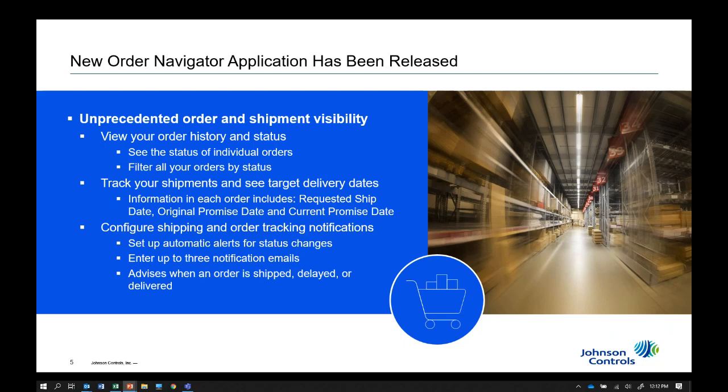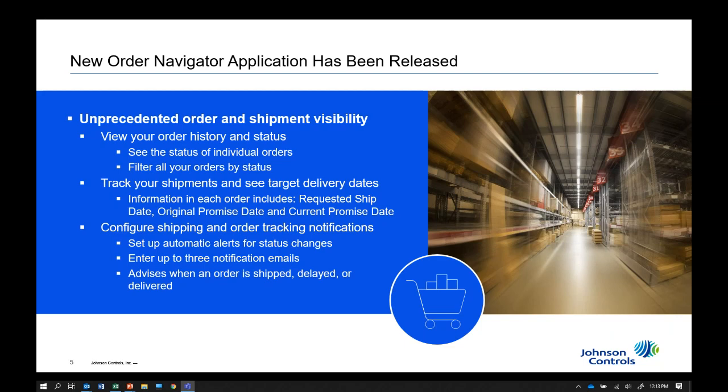I'm responsible for our sales tools programs and software. As Peter mentioned, our latest release to the Navigator platform introduces a new application called Order Navigator, which encompasses a My Order tracker. This has been a significant leap forward in providing our users the ability to get visibility into their shipments and track their orders and look at the status and the history.